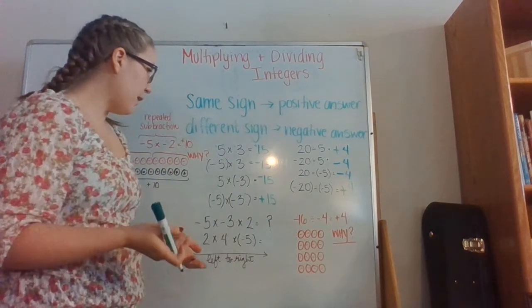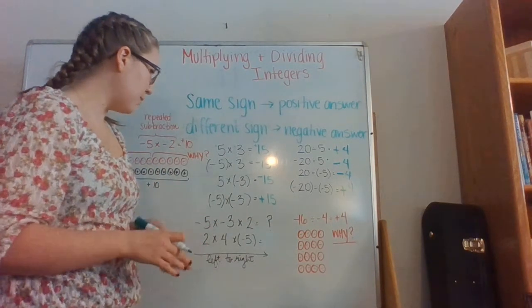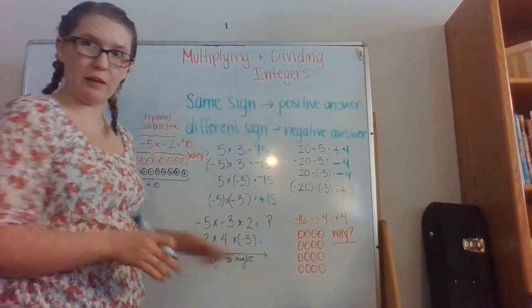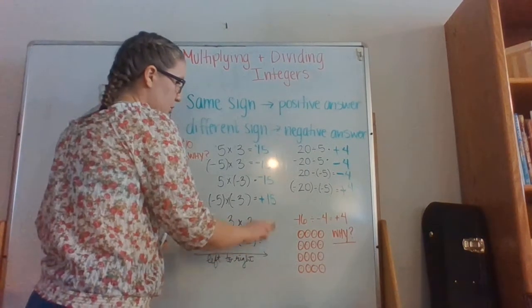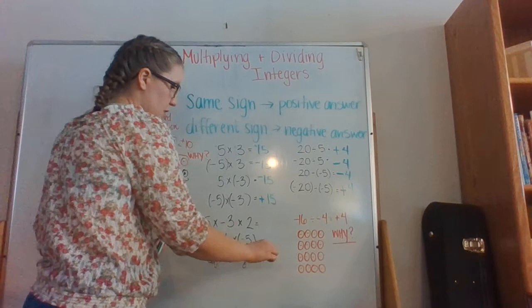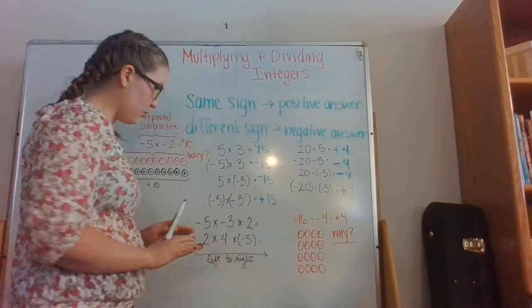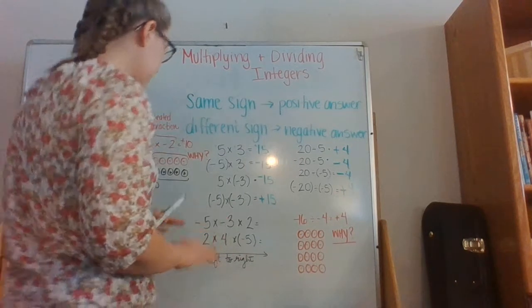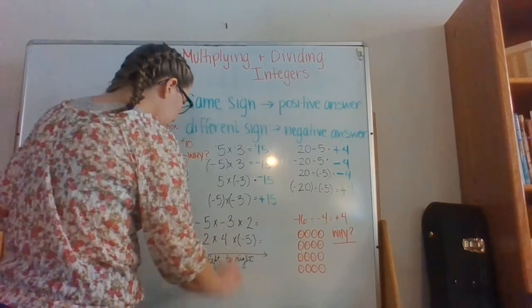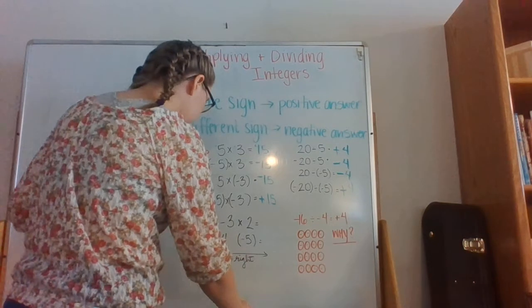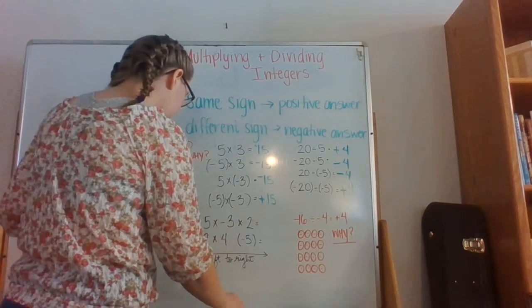So one thing that can trip people up a little bit is if you have a string of multiplication and division signs. So you have a series of numbers that you're trying to figure out. So that actually does matter a good bit.